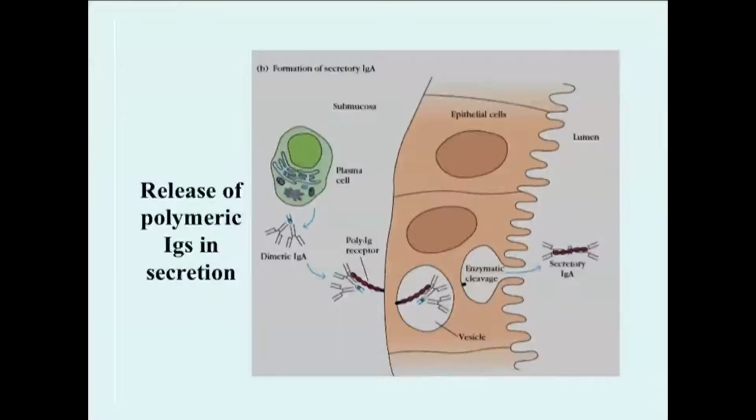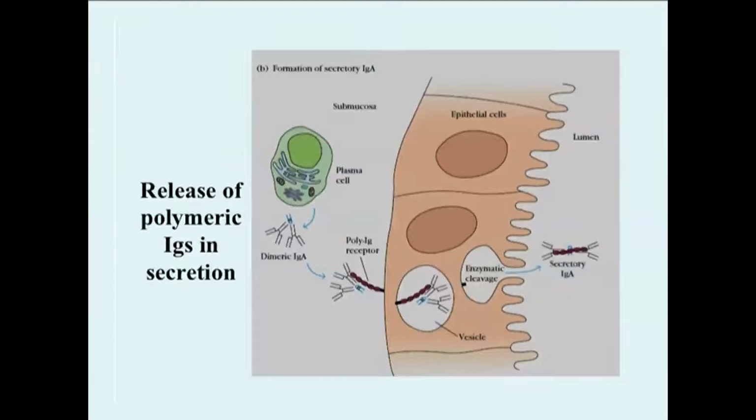Now, I will tell you how the polymeric immunoglobulins are secreted into the secretions. So far, we have studied two polymeric immunoglobulins. One is IgM and the second one is IgA. IgM is always found in pentameric form, but IgA can be dimeric, trimeric or tetrameric. Now, how are they secreted in the secretions?